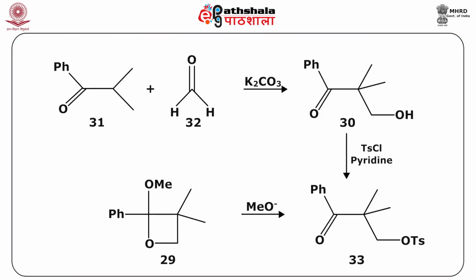In step 1, 2-methyl-1-phenylpropan-1-one and formaldehyde undergo aldol reaction to give the condensed product 3-hydroxy-2,2-dimethyl-1-phenylpropan-1-one.